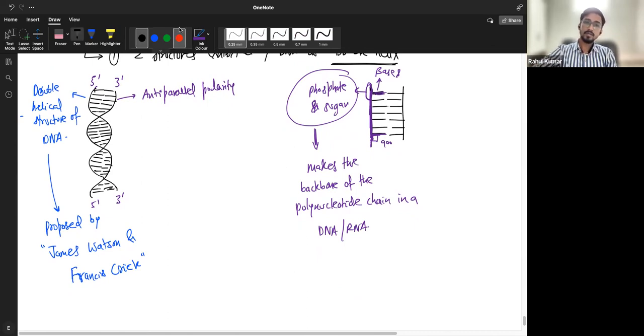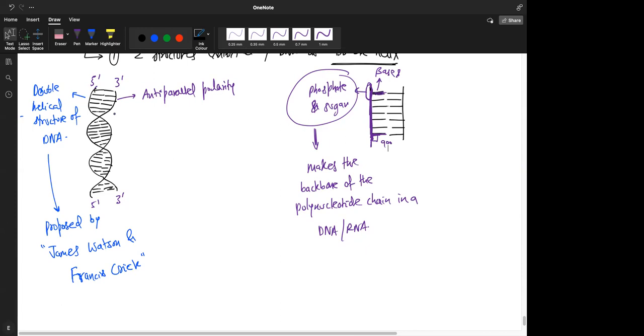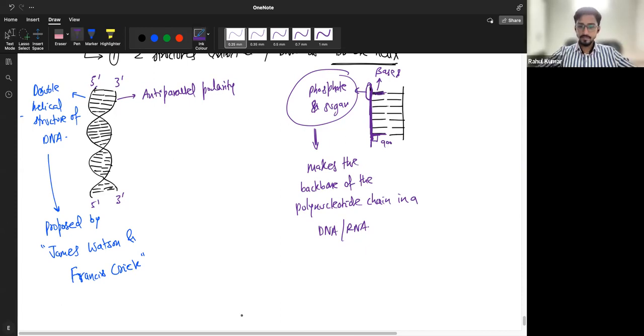Now, one more important thing is, I think you can imagine DNA as a right-handed coiled helix, right? When it is coiled, you can imagine this as a spiral staircase going up. Have you ever seen one?